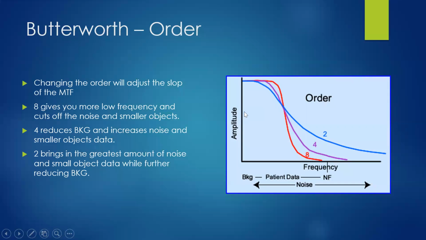One could also say that order 2 images are going to be more grainy, more pixelated, whereas the red order 8 is going to be more blurry, more fuzzy, more background. And notice here too is Nyquist.